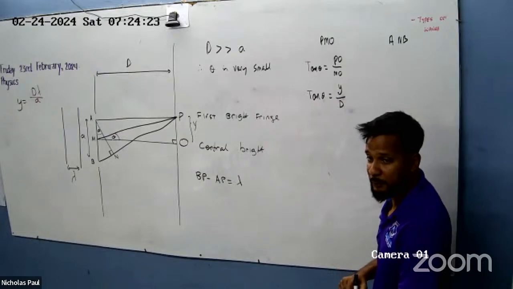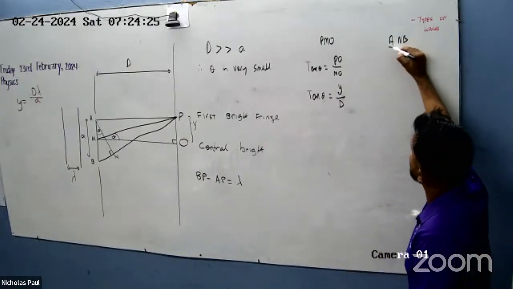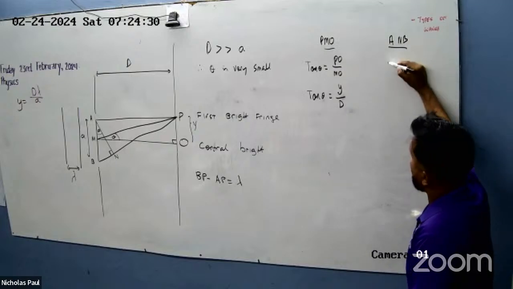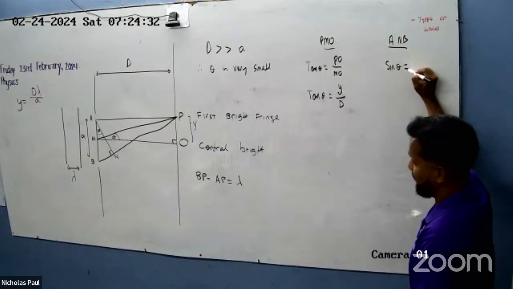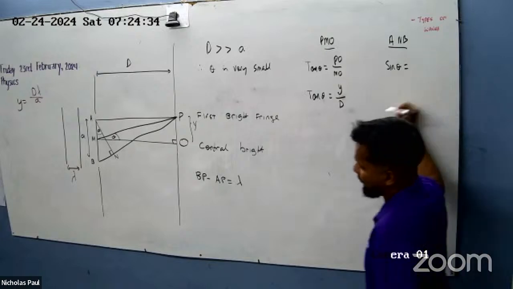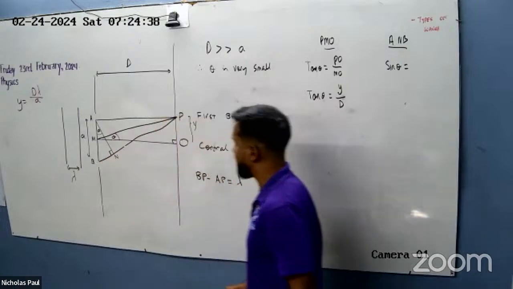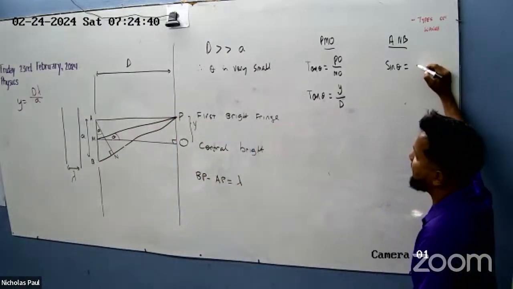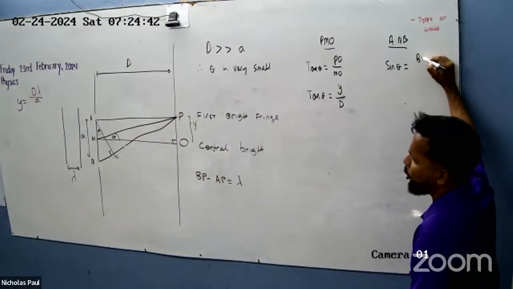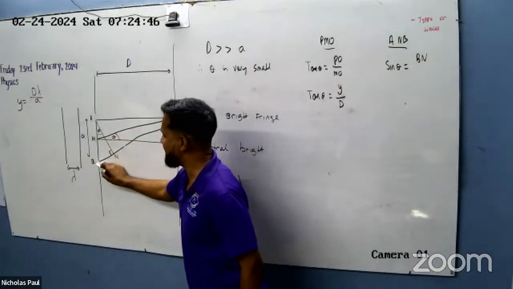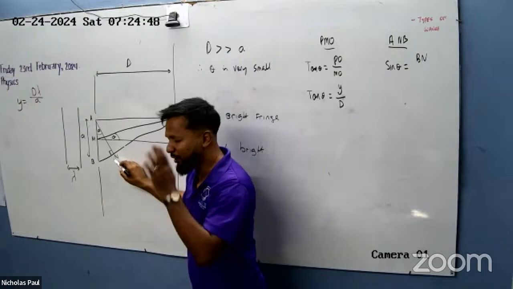Now, let's focus on the next triangle, A and B. What is sine theta? Opposite over hypotenuse.